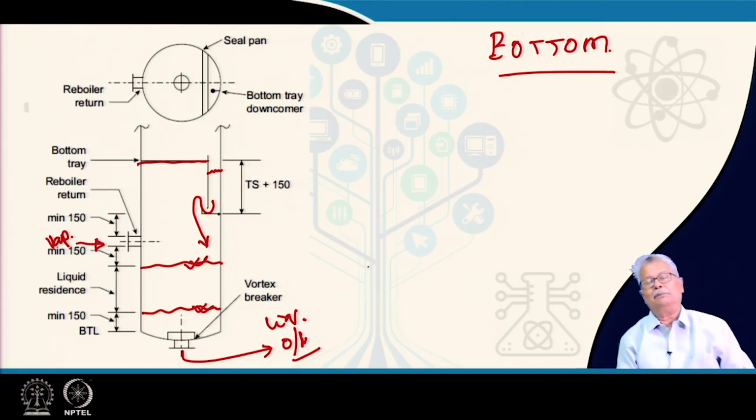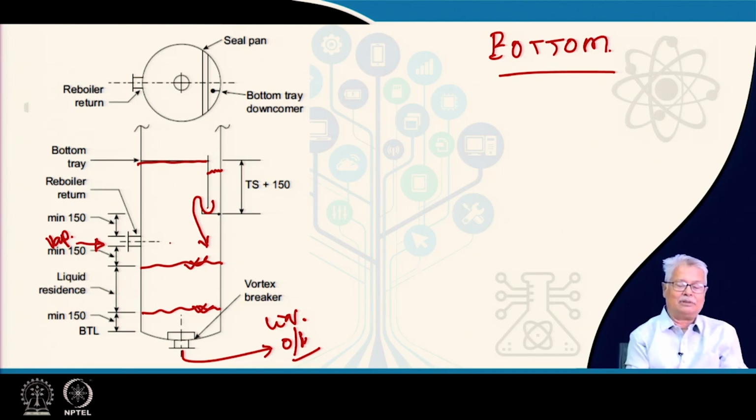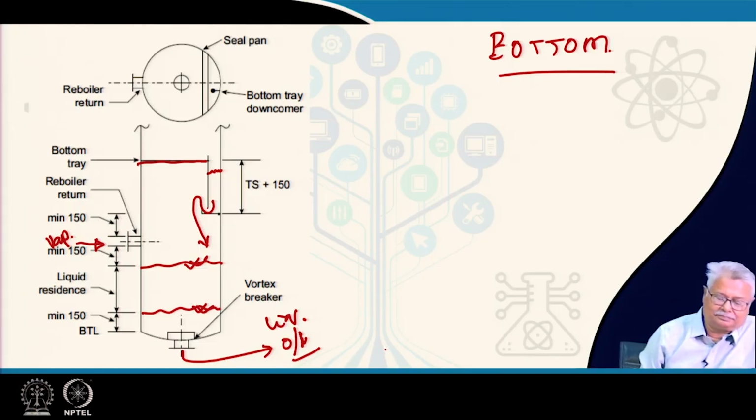Why do you require a minimum level? The minimum liquid is required because in most cases, if you lose your level, the gas or vapor inside will come out and it will vapor lock your pump. So, your pump would cavitate.